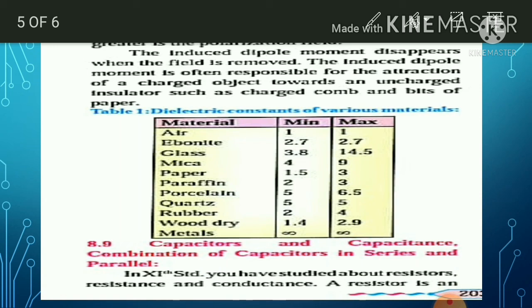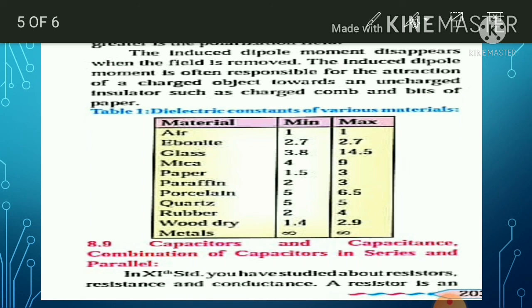All these dielectric constant values are useful for solving numericals as well as various MCQs in MHT-CET or in the board theory exam.